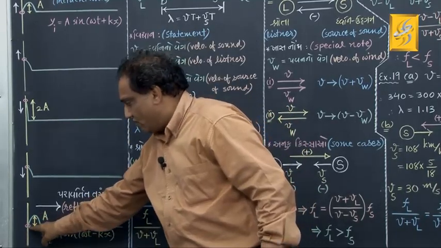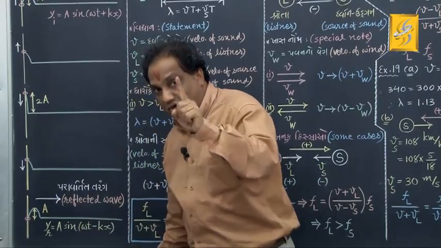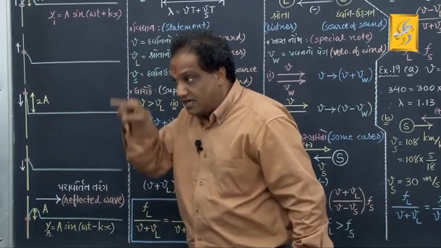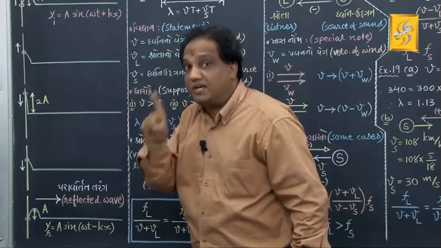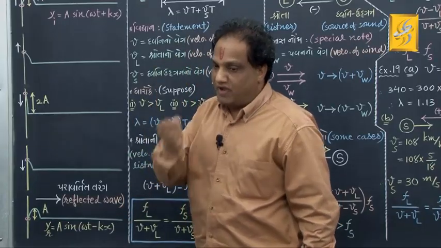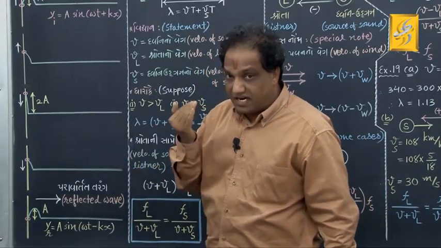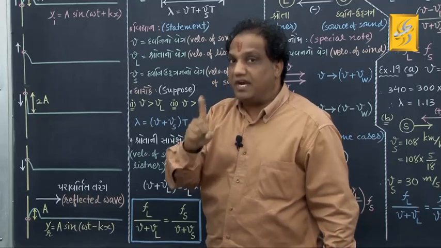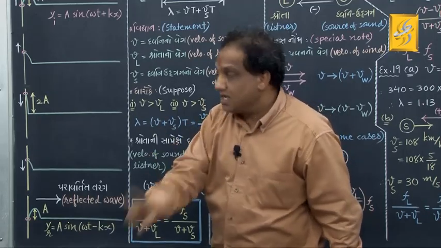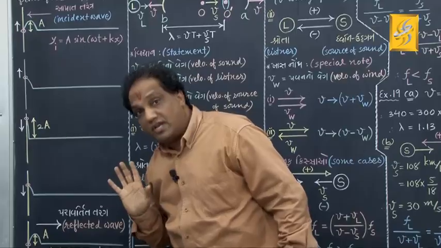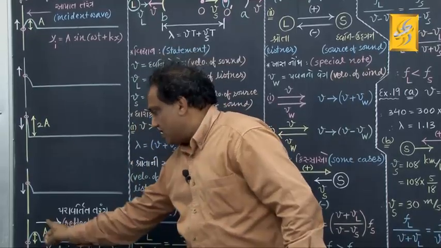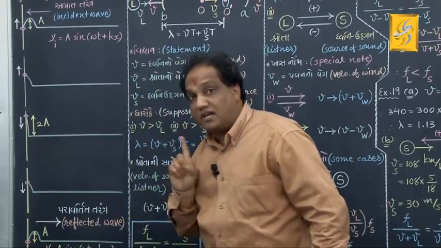The support from which it is reflected is not a fixed support, it is an easily movable support, it is a free support. So whenever a wave is getting reflected from a free support, its shape does not change, crest remains crest only. But the direction of propagation of the wave is now getting reversed.